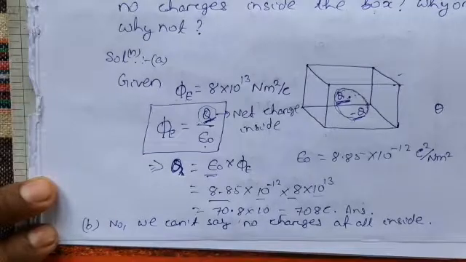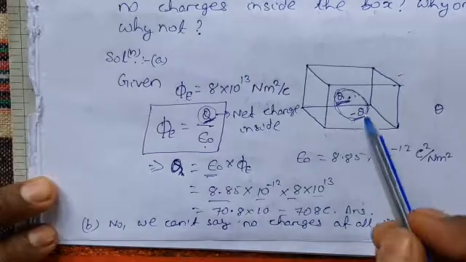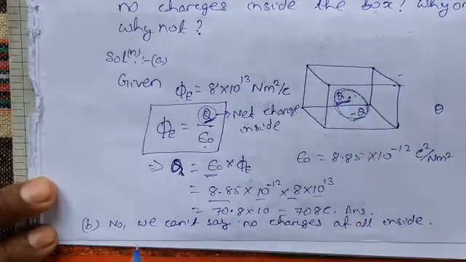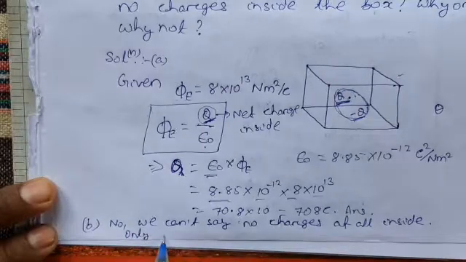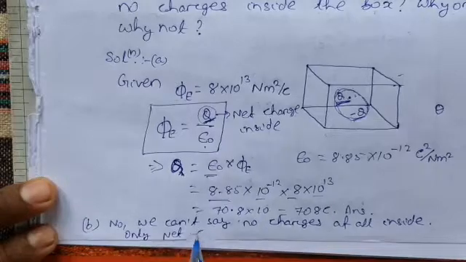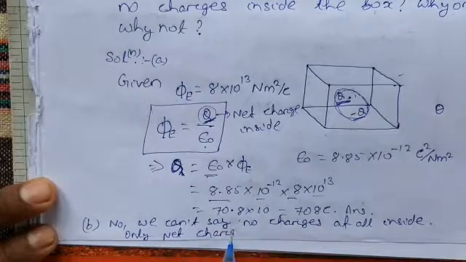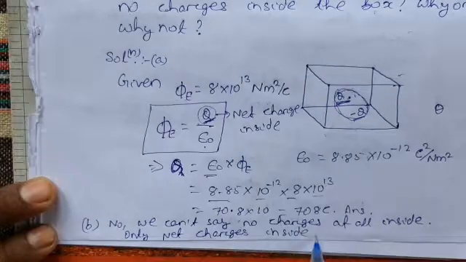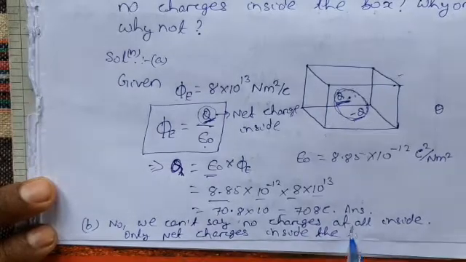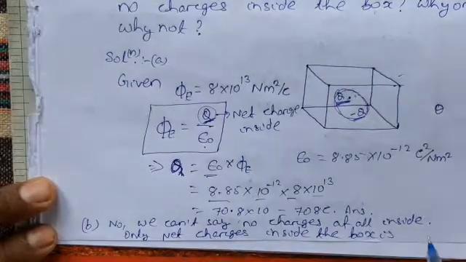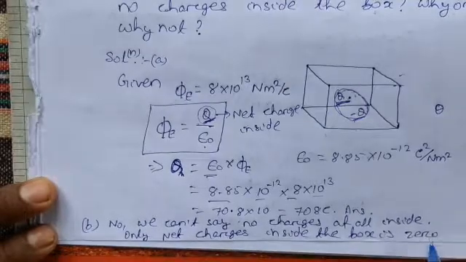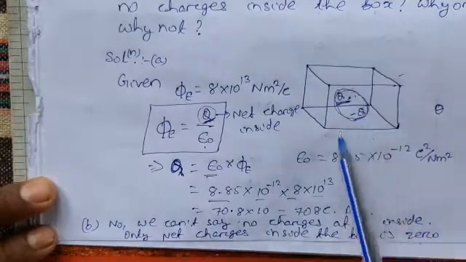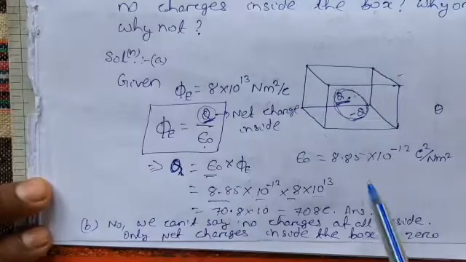We can only say net charge inside the box is 0. So net charge is 0, but we cannot say no charge is inside the box.